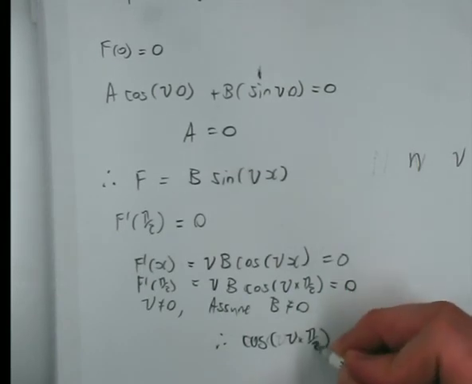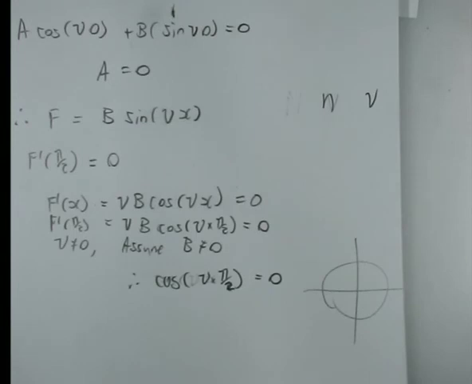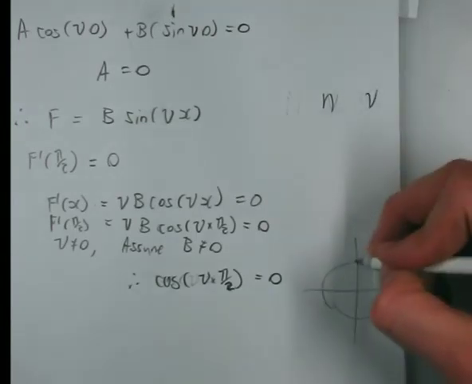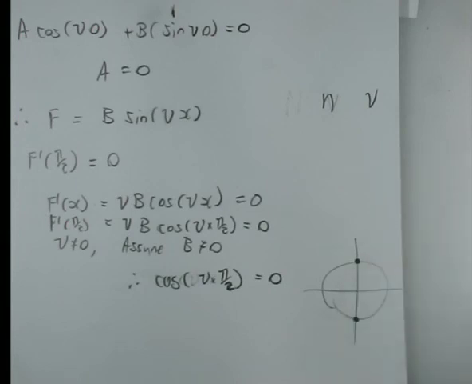Now let's just think about cos. On my unit circle, cos is 0 here and here, which are the odd multiples of pi on 2. So nu has to be an odd integer.